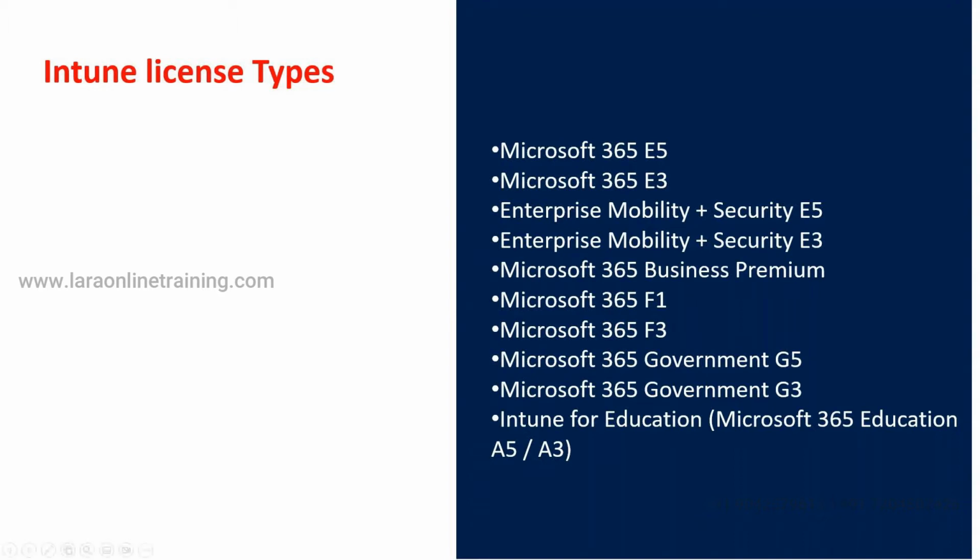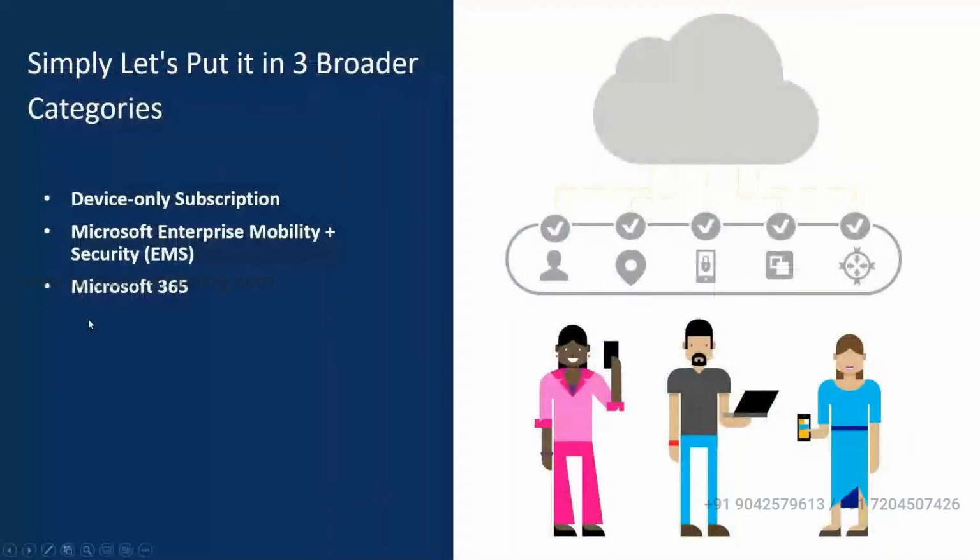Now we can broadly classify this into three types. One is the device only subscription, the other one is EMS, Enterprise Mobility Security, and the third is Microsoft 365. Let me take my notes.